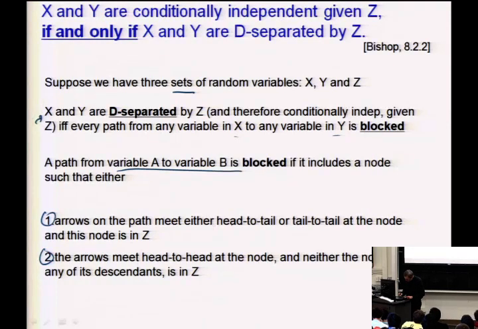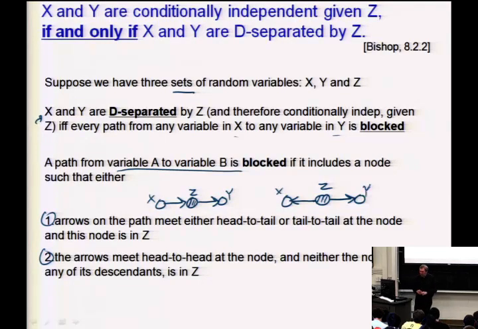The arrows on the path meet either head to tail or tail to tail, and a node which is Z. Okay, so this is like given Z. Those are two of the networks we just looked at, right?